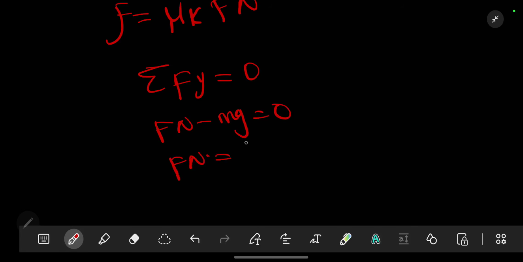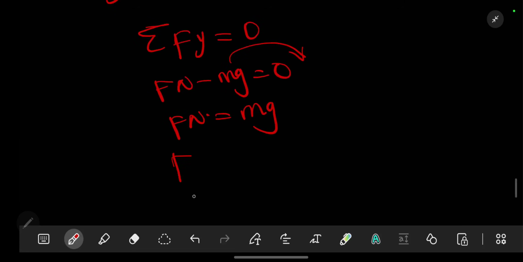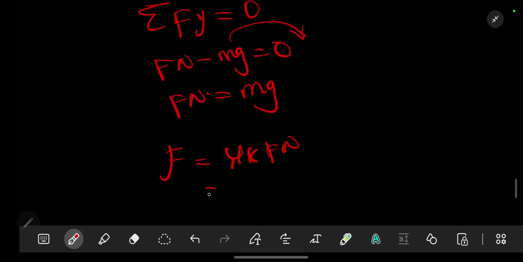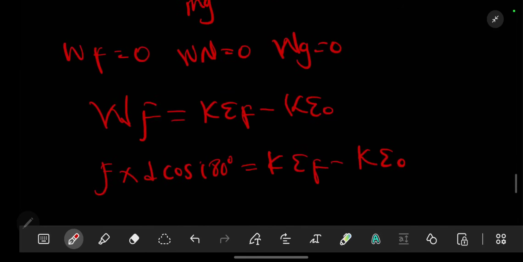So the normal force is equal to mg. Our frictional force is equal to the coefficient of kinetic friction, mu k, times the normal force, which is mg. So this is our frictional force.